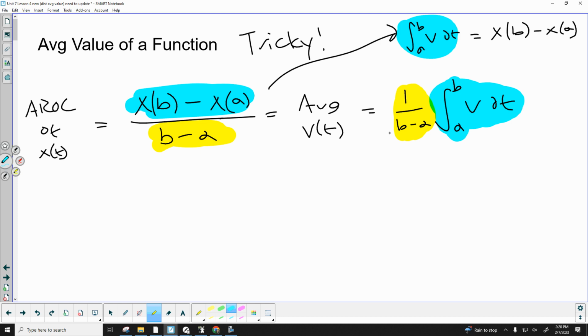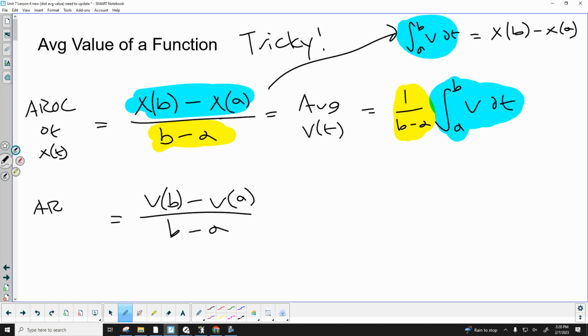Okay, now, what gets funky is when I keep going. I can do the same thing with v of b and v of a. And we know this is going to be how quickly velocity is changing, the average rate of change of velocity. But what is the physics term used for the change in velocity? Acceleration.